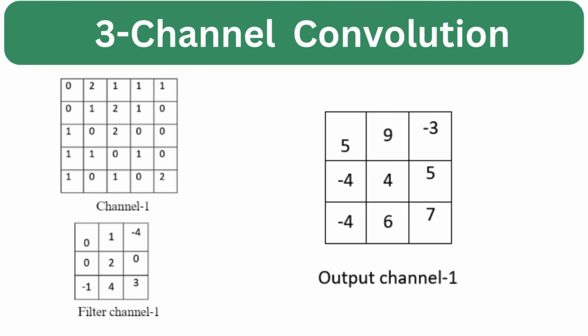So for now, when we convolve a 3 by 3 filter on a 5 by 5 image, we get a 3 by 3 output feature map. Now we convolve the first channel of our filter on the first channel of our image and we got the first output. Now we will do the same for the remaining channels and remaining filter channels as well.